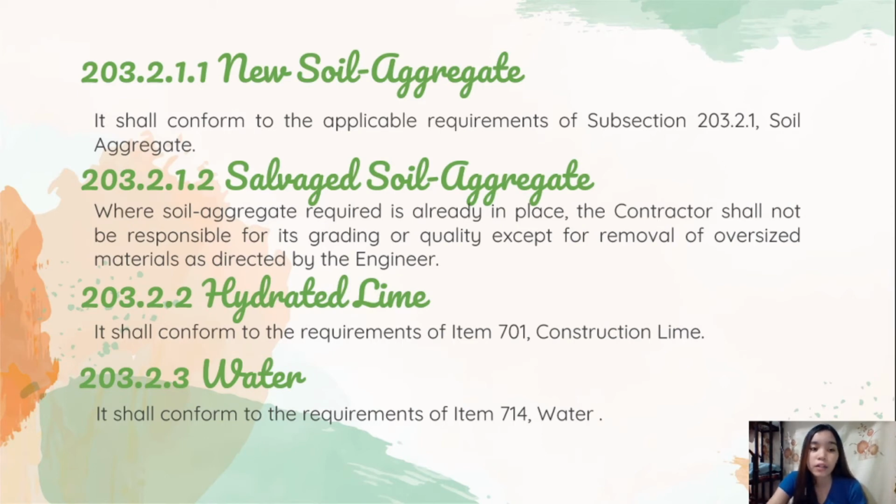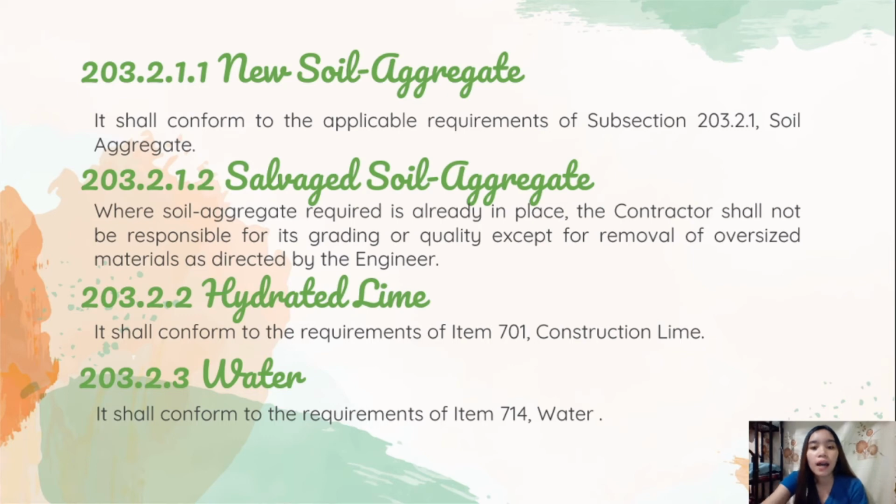So where soil aggregate required is already in place, the contractor shall not be responsible for its grading or quality, except for the removal of oversized material as directed by the engineer. So in general, salvage soil aggregate to be used for a lime stabilized road mix base will consist of material meeting the requirements given in subsection 203.2.1 hard soil aggregate.